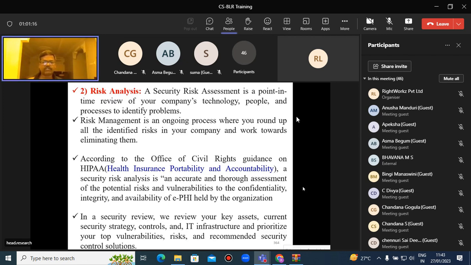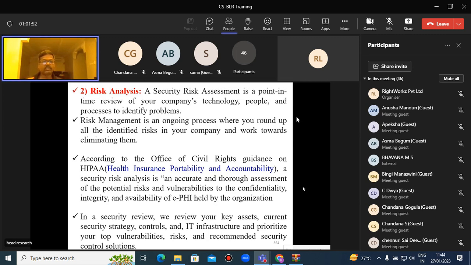According to the Office of Civil Rights guidance on HIPAA, HIPAA is nothing but Health Insurance Portability and Accountability. So they are a third party verifying that a security risk analysis is an accurate and thorough assessment of the potential risks and vulnerabilities to the confidentiality, integrity and availability of EPHI held by the organization.